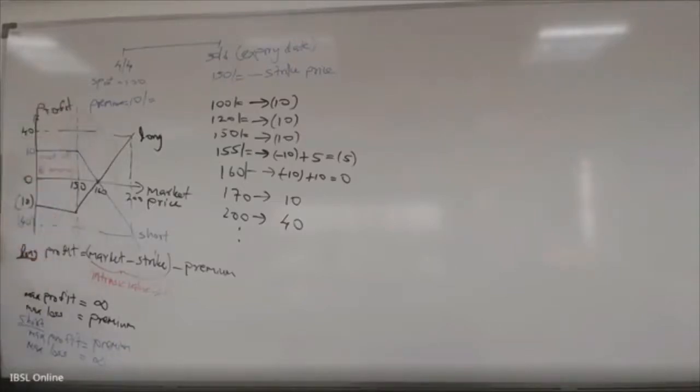When the market price is equal to strike, it's called at the money. And when the contract is being used, it is called in the money. Three zones.